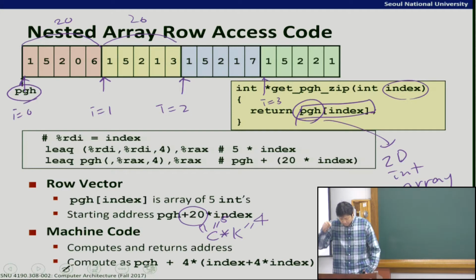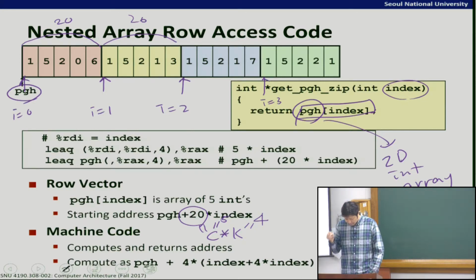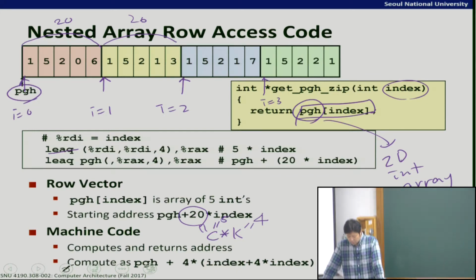So if you want to get the starting point of PGH[i], like index, then you can return PGH plus 20 times index. If you generate the code, it will look like this. It uses the lea instruction, load effective address. It computes the value of (%rdi,%rdi,4).